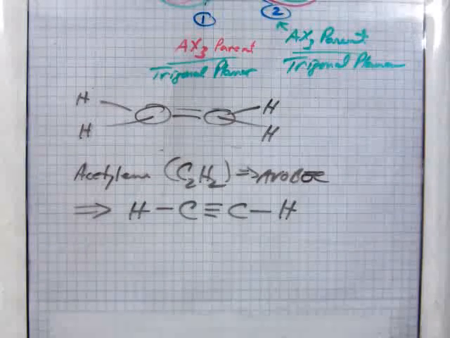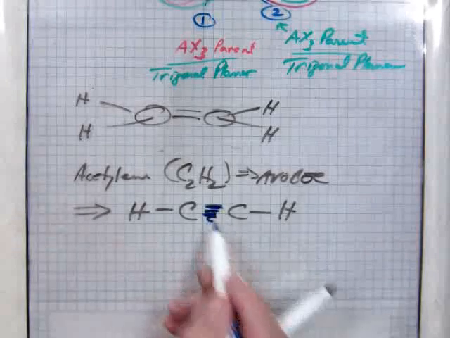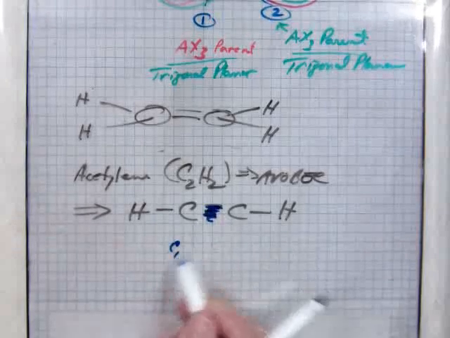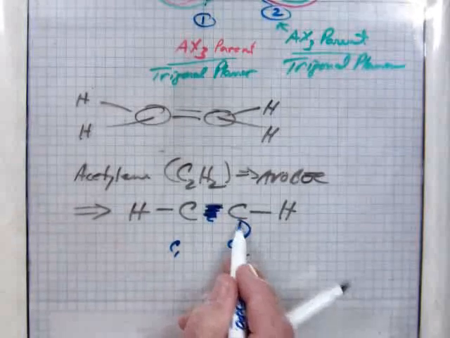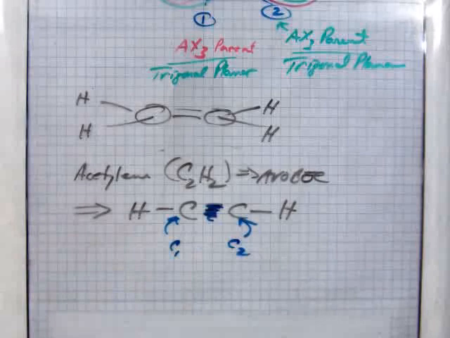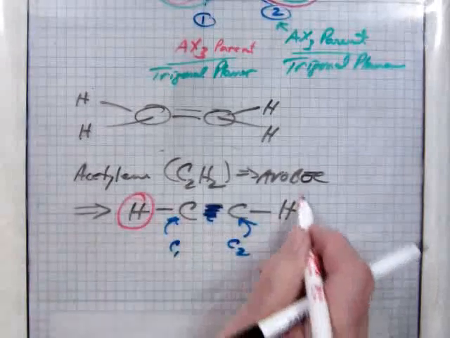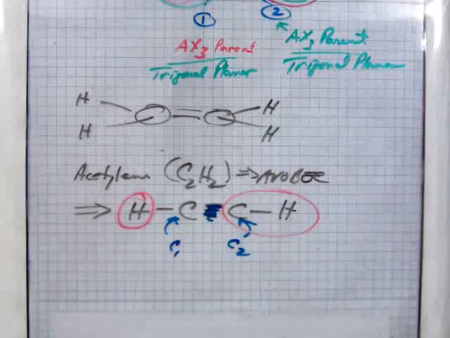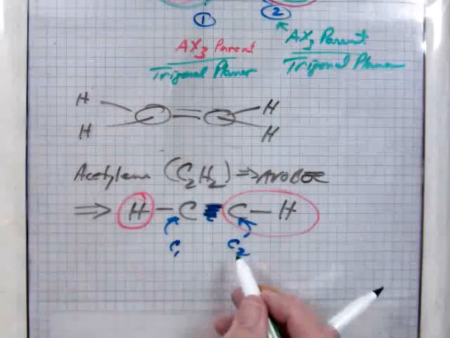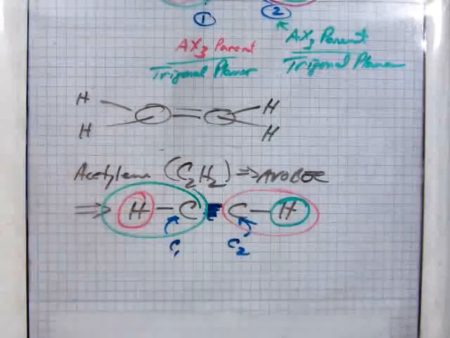Now in here you also assume that your triple bond is a single bond, and this is carbon-1, carbon-2. And you look at the attachments that surround carbon-1, here and here, whereas carbon-2 is 1 and then 2, like that.